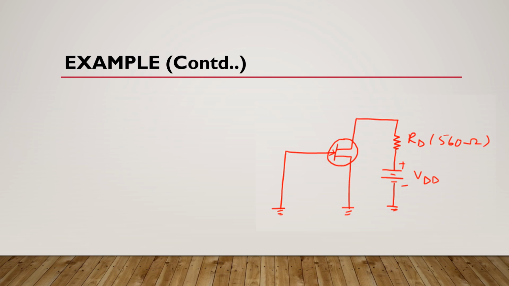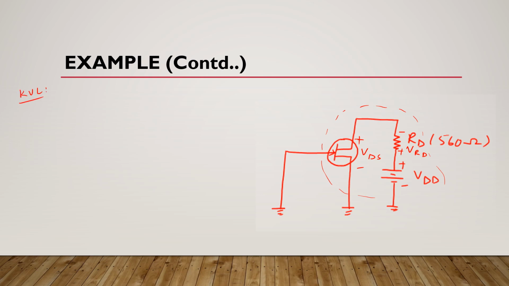Now for VDD, we apply KVL in this region. Here we know that the voltage drop between these two terminals is VDS. This terminal is positive, this is negative. Here we have voltage drop VRD. This terminal is positive and this is negative. So what will be our KVL equation here?